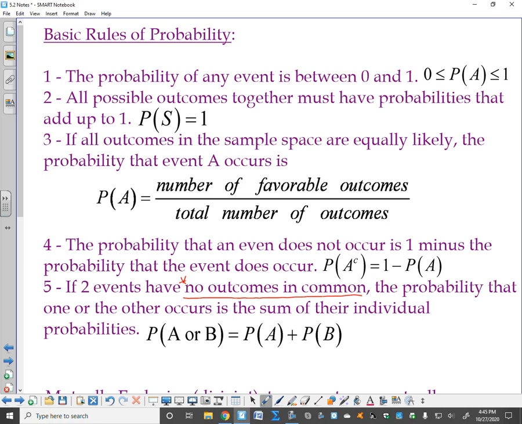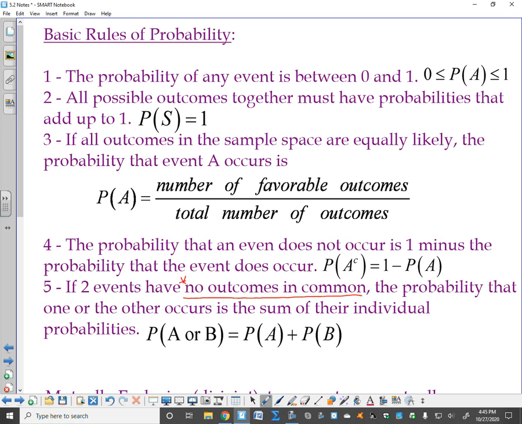Then this formula does not work. You cannot take the probability that you're going to get an A in Stats and add to it the probability that you're going to get an A in English, because they have outcomes in common. You've got kids that get A's in both, and because of that, they get counted twice. And we adjust for that later.